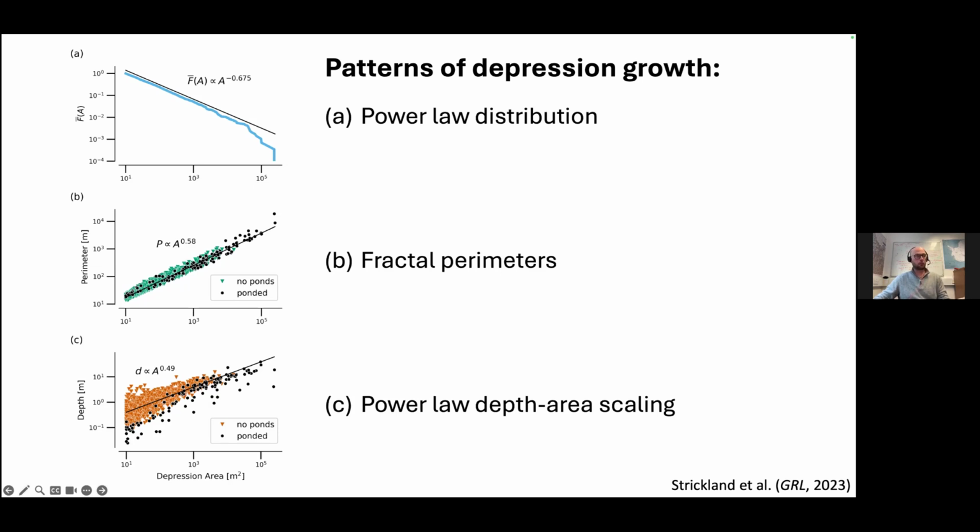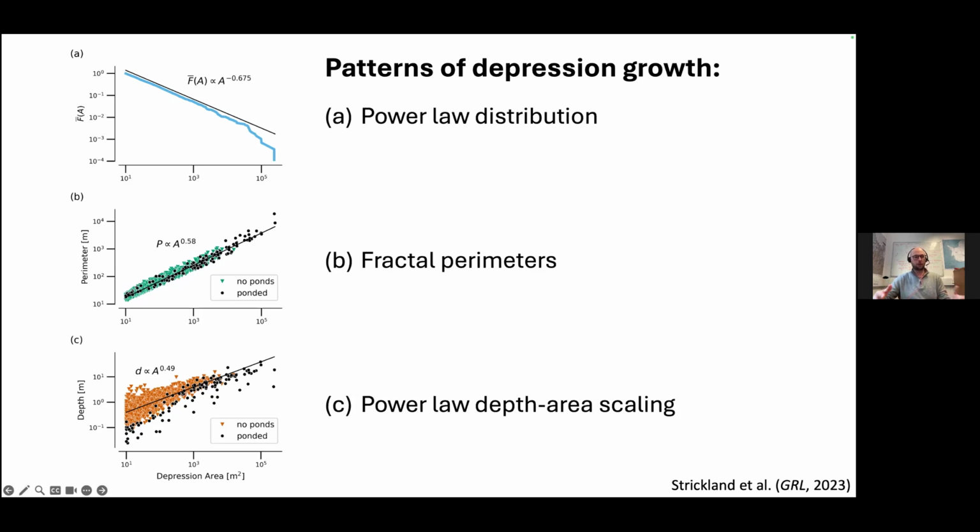We also see that our depressions have fractal perimeters, which is often a characteristic that arises from positive feedback growth. So these have a fractal geometry to them. And then our depth area scaling relationship shown at the bottom shows that as our depressions grow in area, they're getting deeper. And again, if our depressions are filling with debris, they should not be getting deeper as they grow.